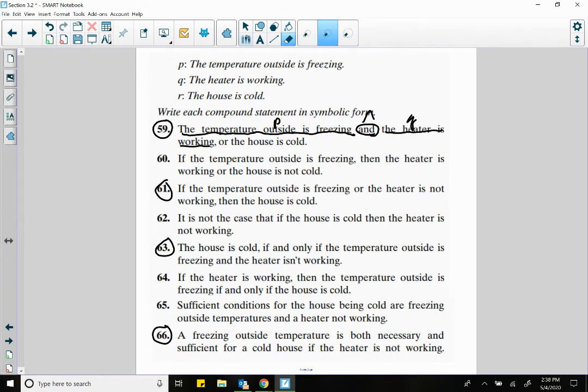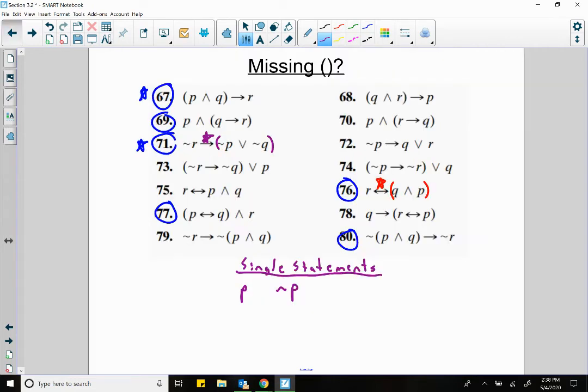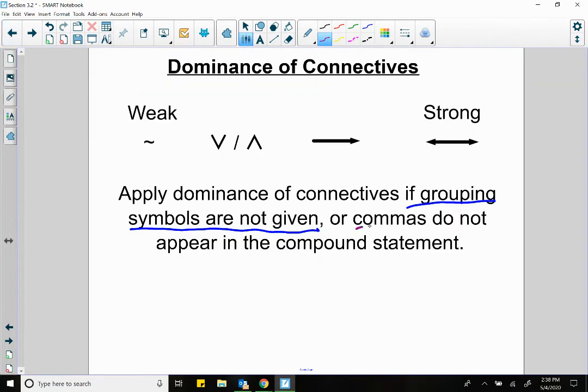Now, notice right here, you see an or, but right in front of that or, you see this comma. That means that this or is our strongest symbol. This is telling you who is the best. That's what I was saying right back here: or commas do not appear in the compound statement.